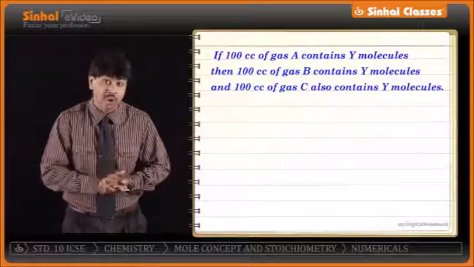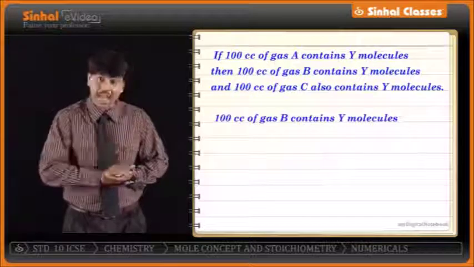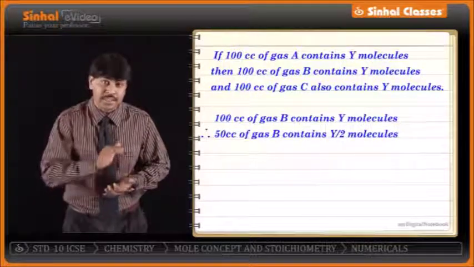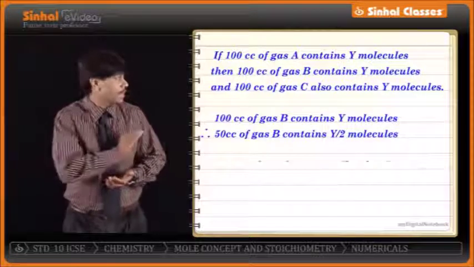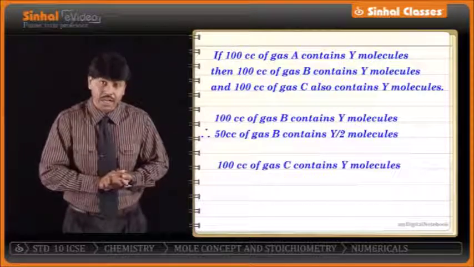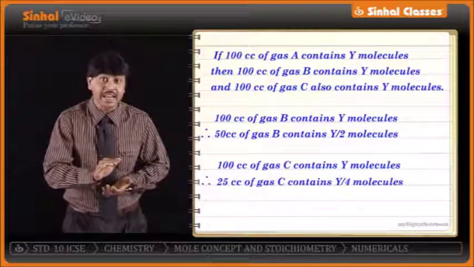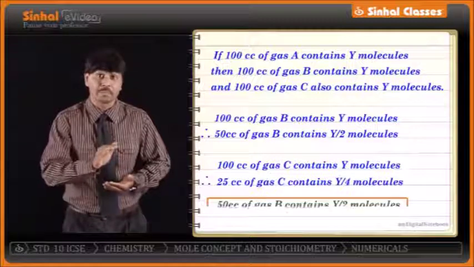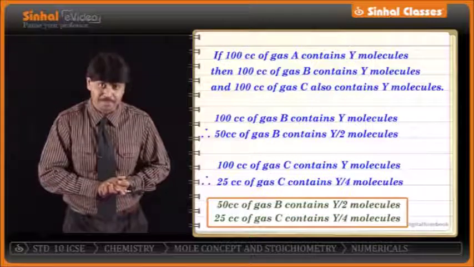But given to us is what? 50 cc of gas B, that will contain half the molecules, that is Y by 2. Whereas C is given as 25 cc, so it will contain 1/4 of Y, that is Y by 4 molecules.